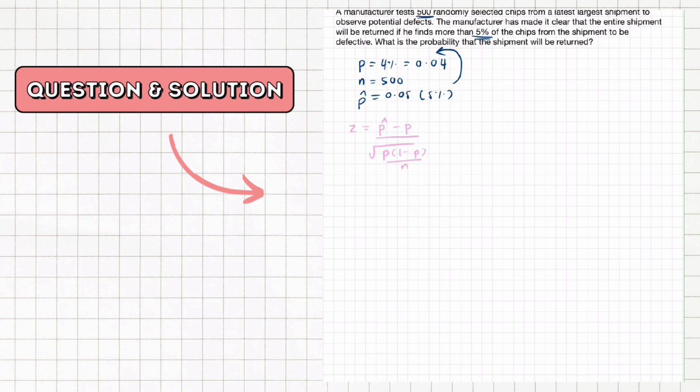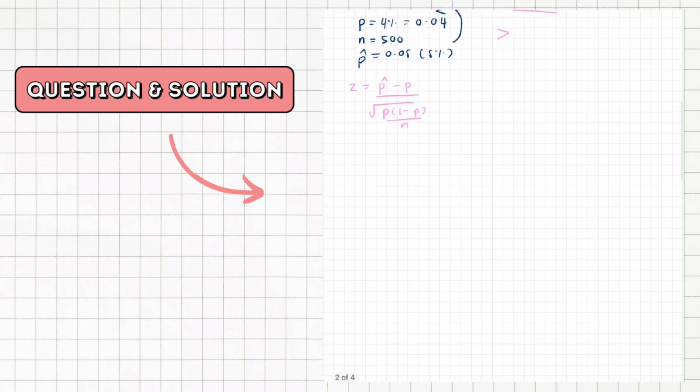So what does the question want? The question is asking, what is the probability that the shipment will be returned? So this goes back to the question where it said that it will be returned if he finds more than 5% of the chips to be defective. More than 5%. Therefore, we will be using the sign of more than for this question.